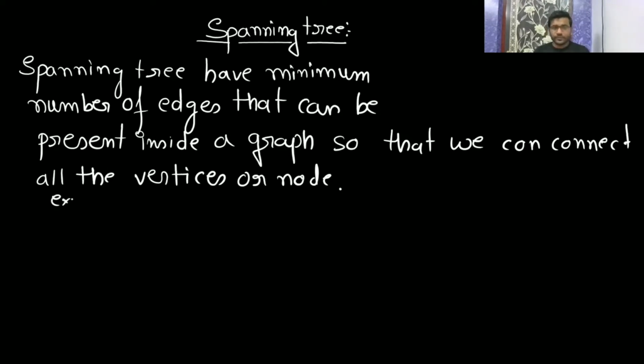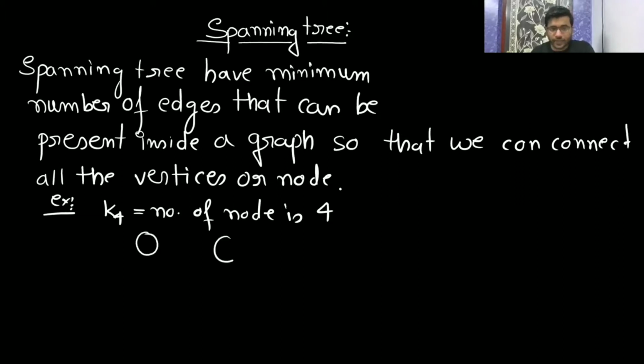Example: a complete graph is also represented as K4, when the number of nodes is 4. To represent a complete graph you can use K. So you will have a, b, c, d.